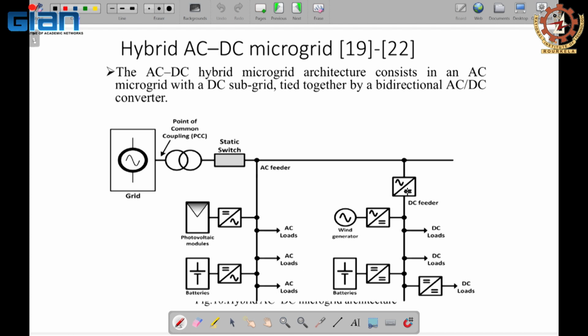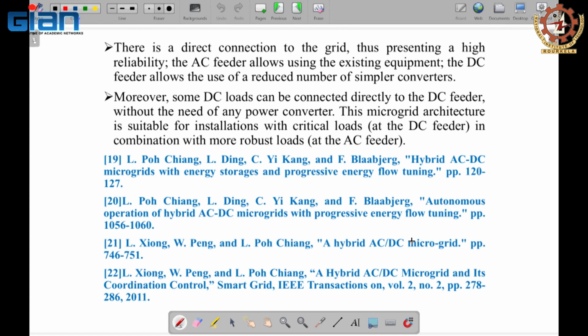If we have some DC load, then obviously we will connect it to the DC feeder. Having this hybrid microgrid, maybe we can avoid the unnecessary conversion losses. For example, if we have some DC load, maybe it can be directly connected to the DC grid, so it can avoid the unnecessary conversion.